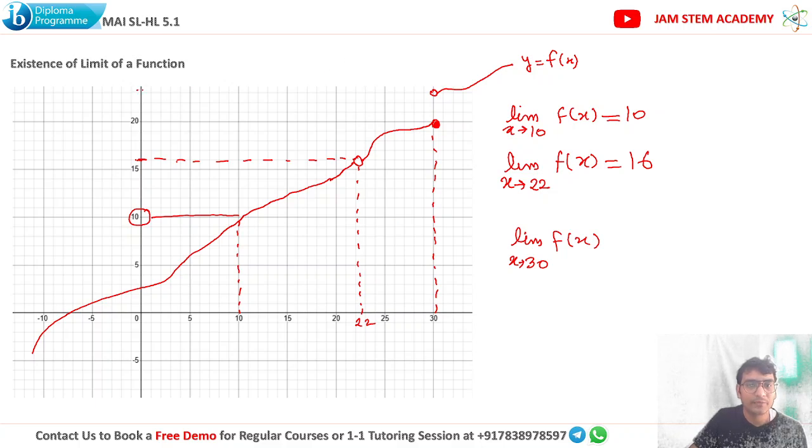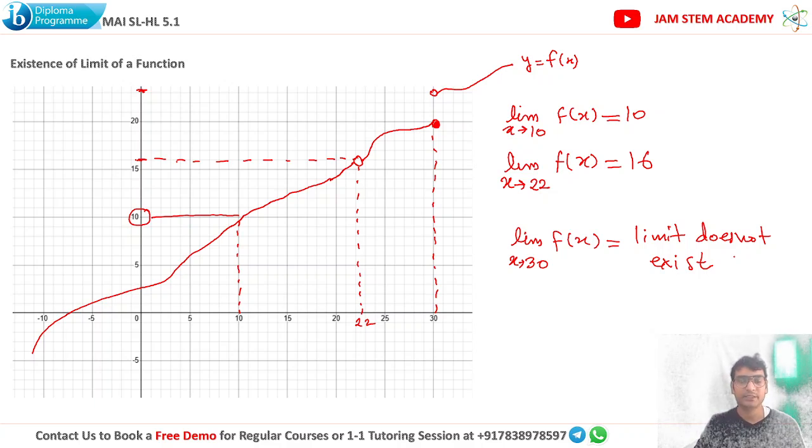It is not 20, right? It's like 24. So in this situation we are not getting the same value. So we call it limit does not exist for this. Using the graphical method, we can find the limit using this.